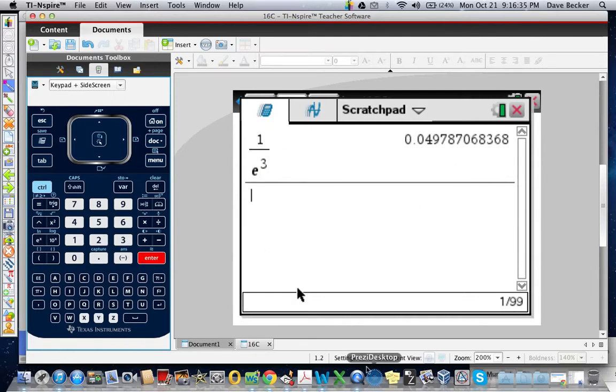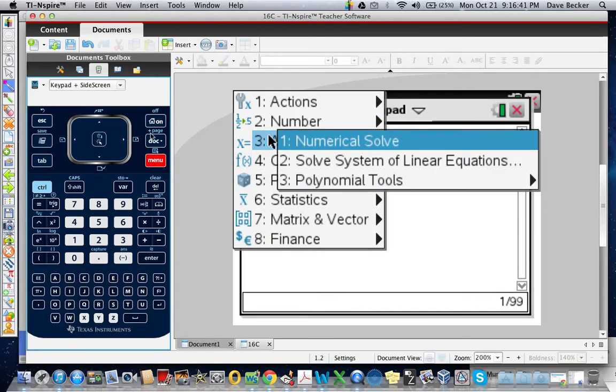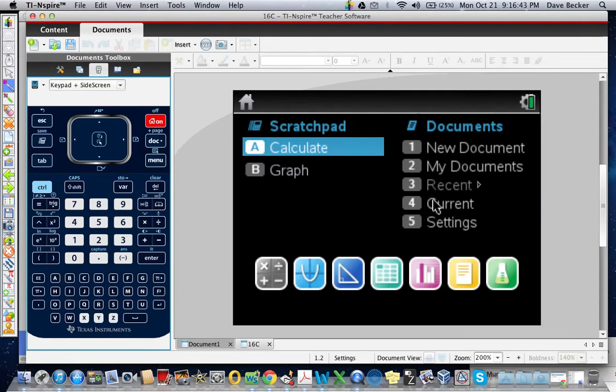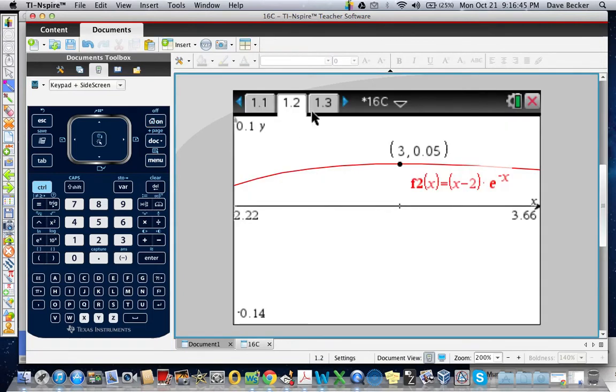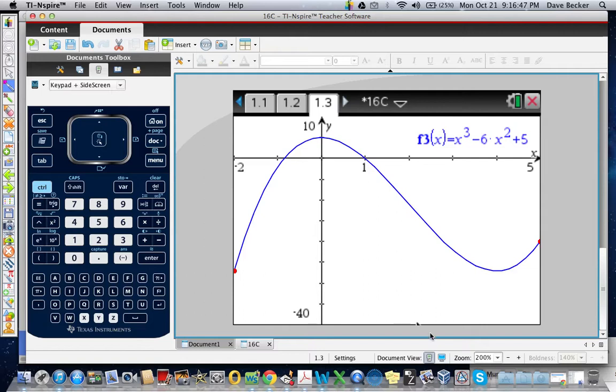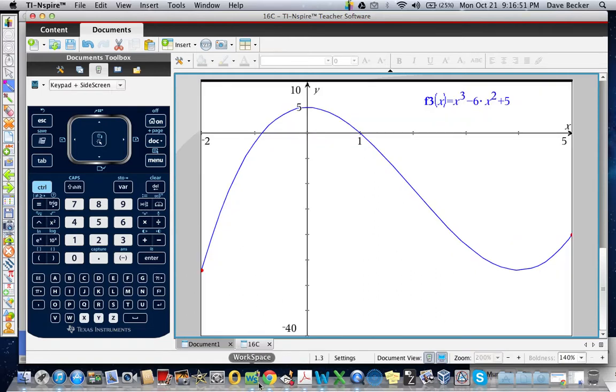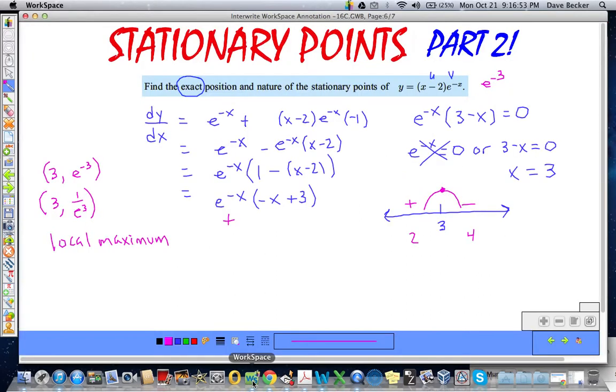Yes, it is. Okay. So there we go. Let's go back to the main menu, and then we'll go to our next function. So now we have shown that this is indeed a local maximum.